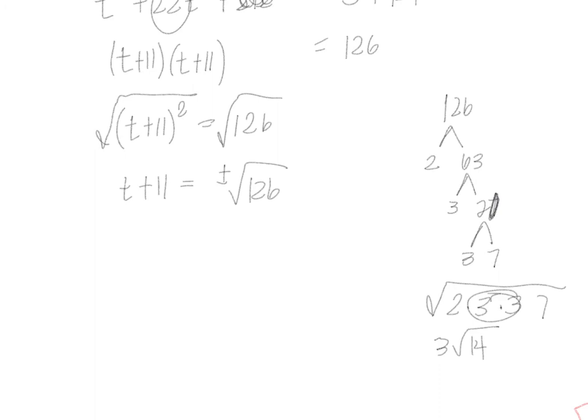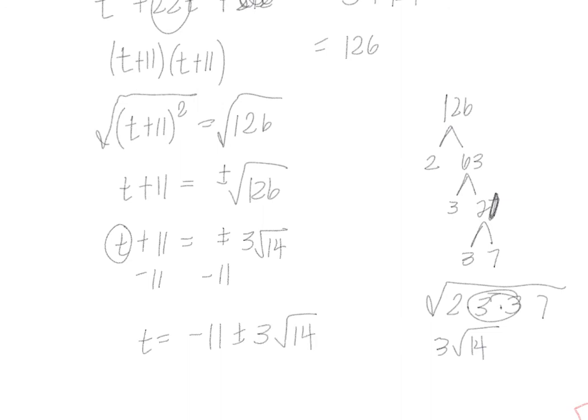So I'm going to replace the square root of 126 with 3 square roots of 14. And then since we're looking for just t, we're going to subtract 11 from both sides and get t equals negative 11 plus or minus this 3 square roots of 14.